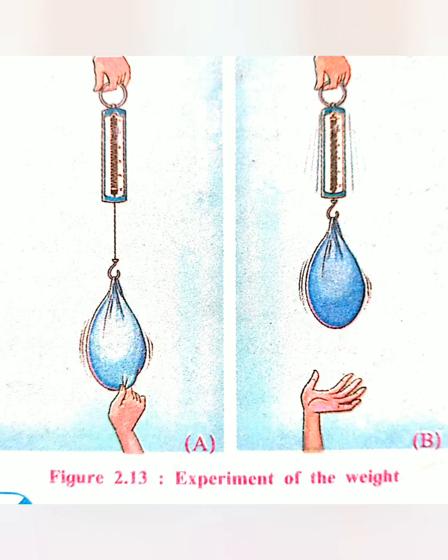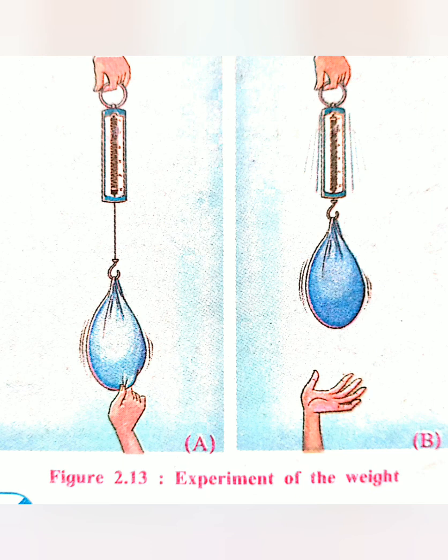We will take a spring balance. Hang a heavy bag or pouch on the hook of a spring balance as shown in figure 2.13 and pull the bag down and release it. Observe the spring and note the movement. So what do we see?